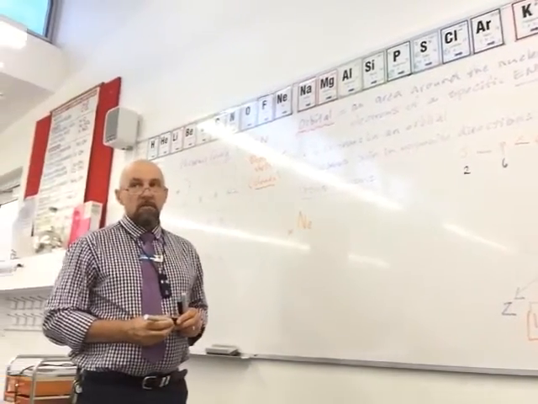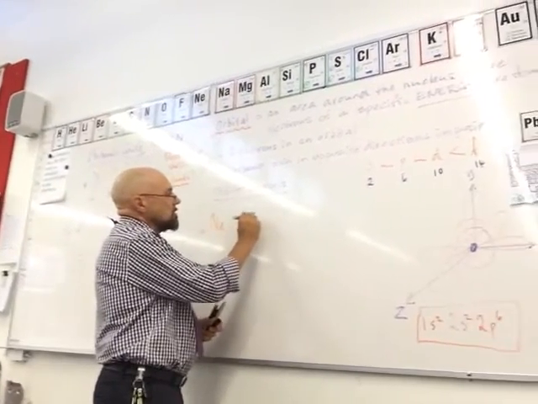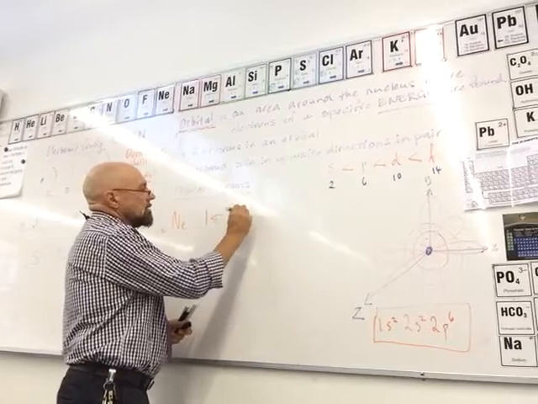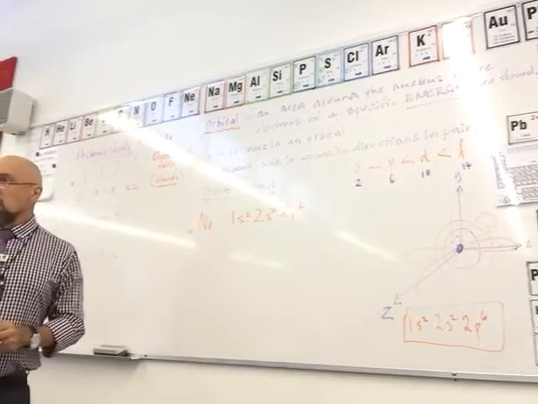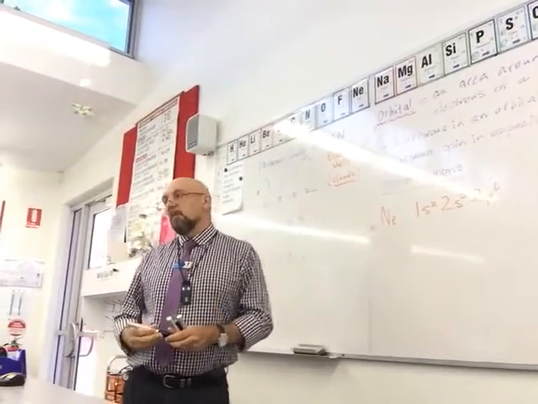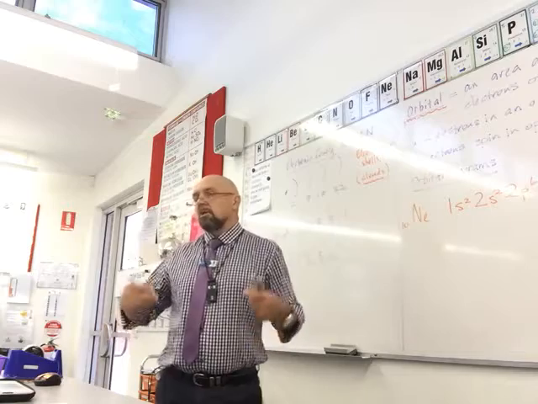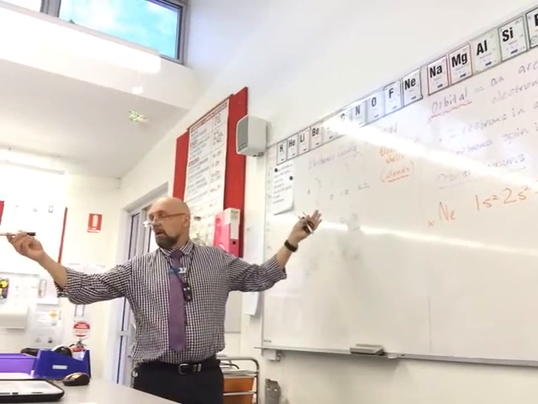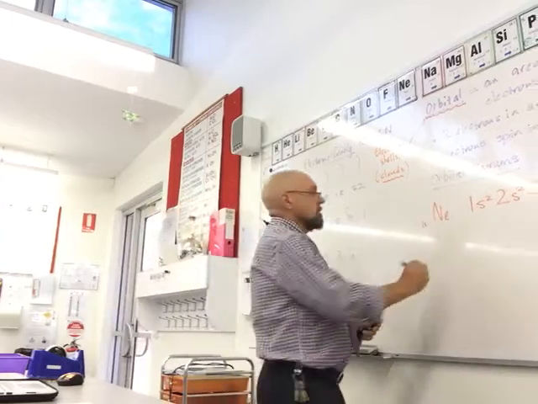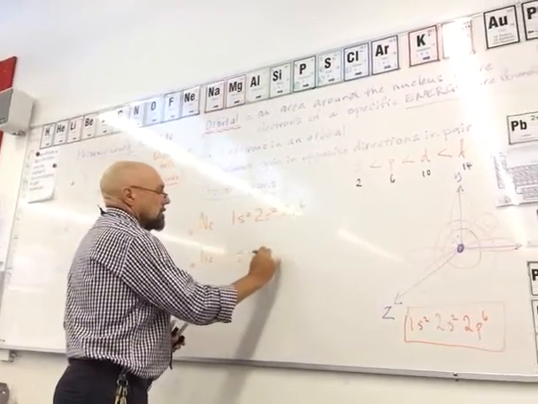You just told me, or else I told you, it was 1s2, 2s2, 2p6. What was its old configuration? How would you give the configuration using the old notation, the good old one over here? 2 and 8. So you would have said neon, 10, 2, 8.